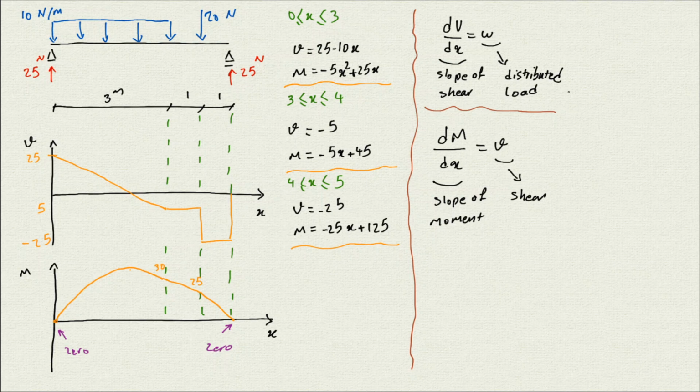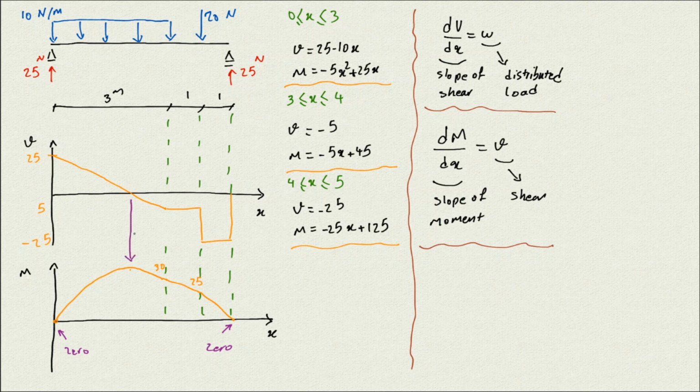The other point, and this one is also related to that point, is that anytime that shear is 0, the moment is going to be at its extremum value. So look at here.